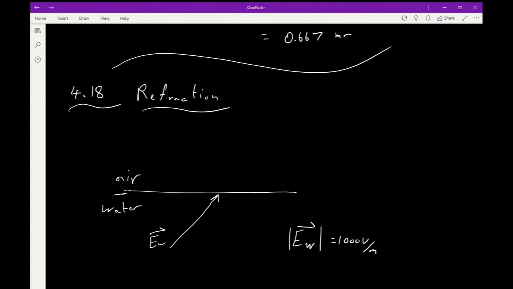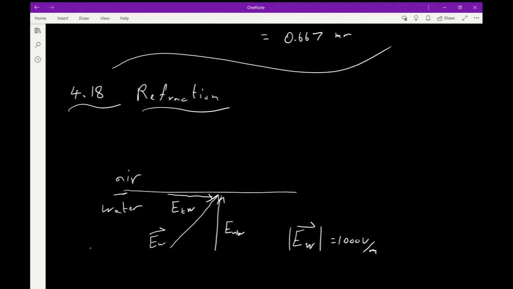Right. So this has a normal component, ENW, and then it has a tangential component, ETW.